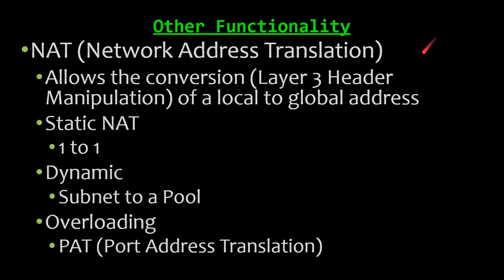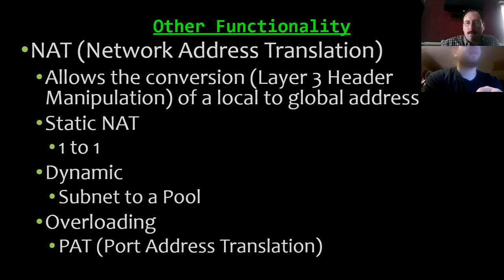I see you raise your hand, Adam. Go ahead. I just wanted to chime in about PAT. The way I understand it, at your home network you have all these different devices that have the same network ID, obviously different host numbers, but they're all going out to the internet via one WAN IP.